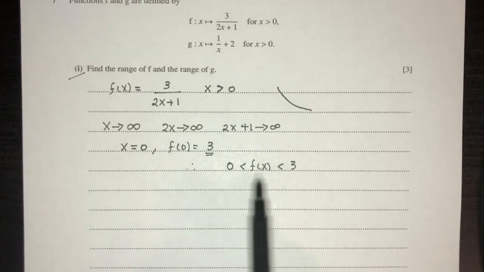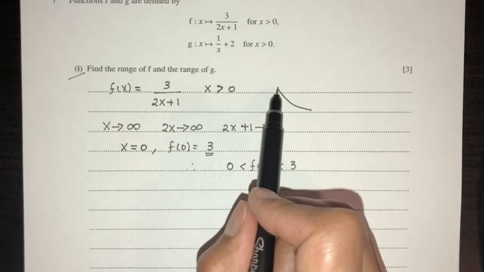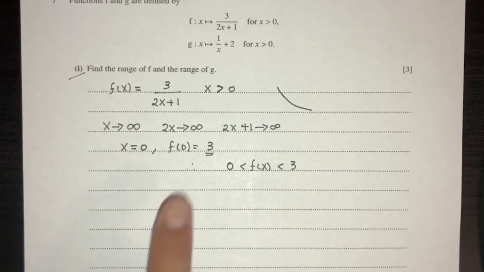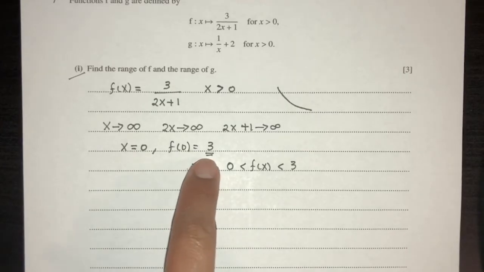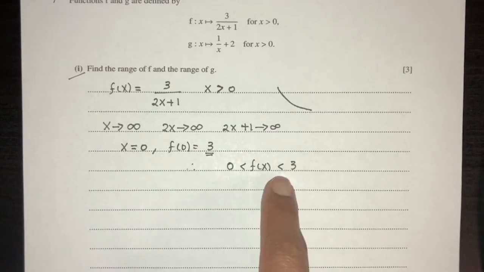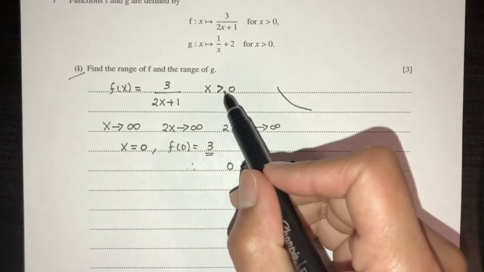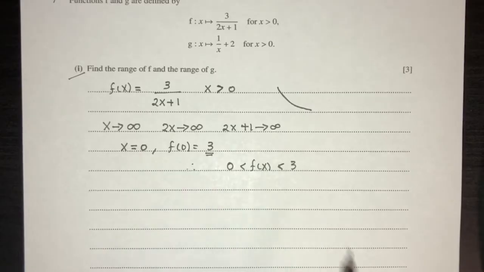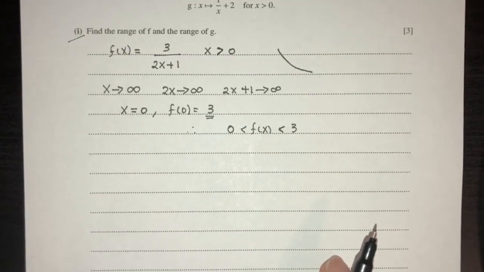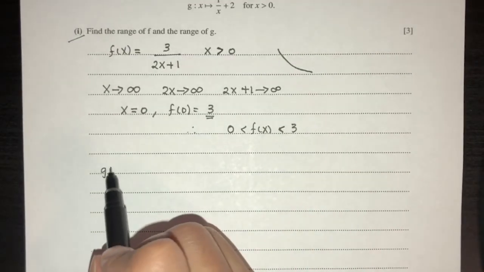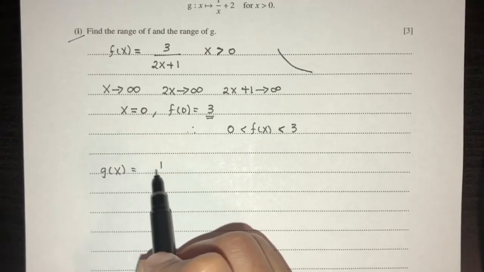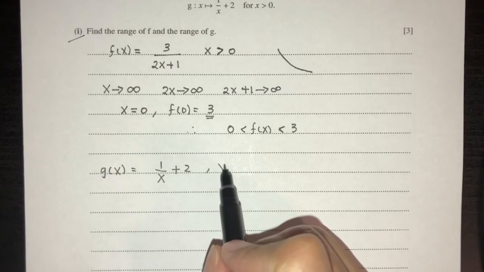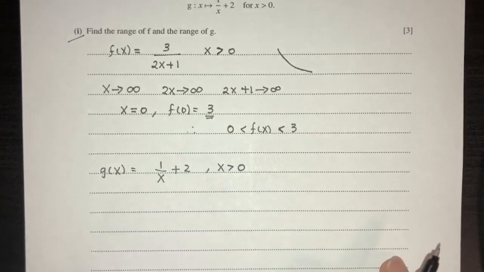It is not inclusive because the value keeps decreasing close to 0 but never touches 0, and 3 is the max possible value but also not inclusive. So this is your range of f. Now that is part 1. Now for part 2, we have g of x given by 1 over x plus 2 for x more than 0.